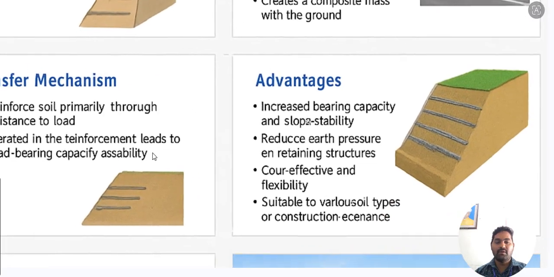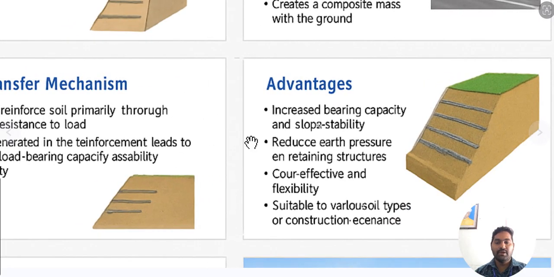Likewise, there are different types of methods, and now I will discuss the advantages. The main advantages are that it improves the bearing capacity of the soil and the slope stability, and it can resist more loads, while also reducing the earth pressure on retaining structures heavily.